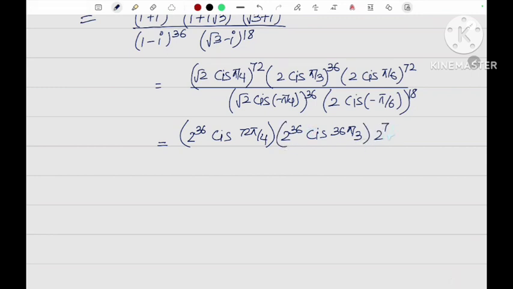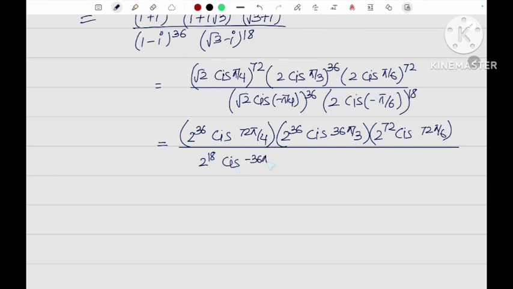This will become 2 to the power 72 cis 72 pi by 6 divided by 2 to the power 18 cis minus 36 pi by 4, 2 to the power 18 cis minus 18 pi by 6.